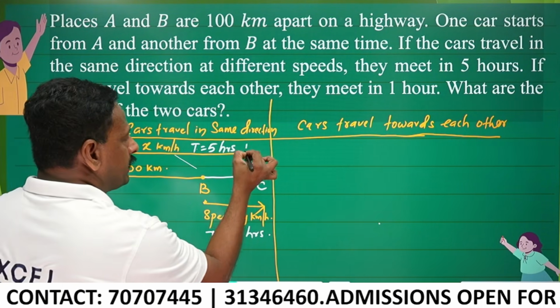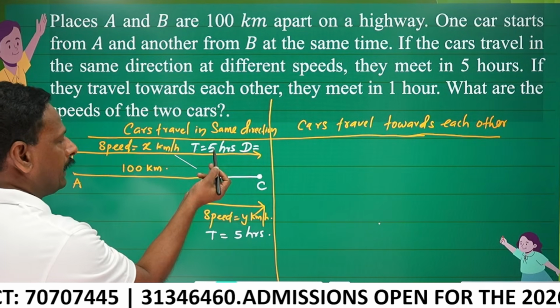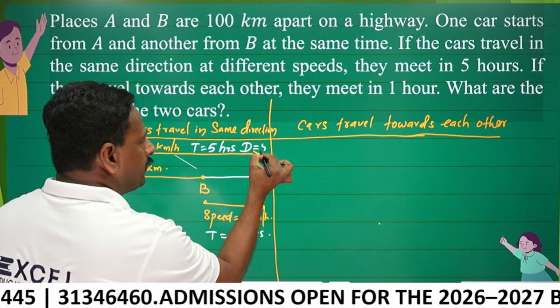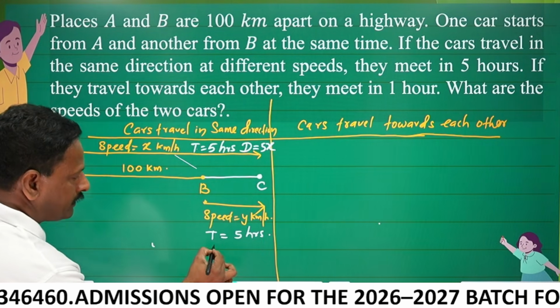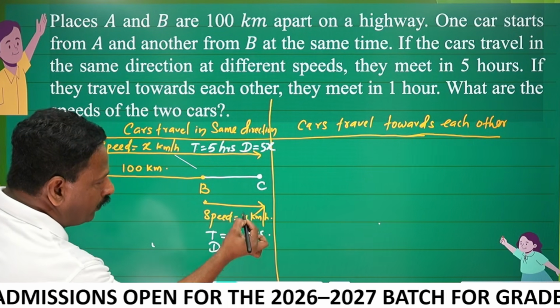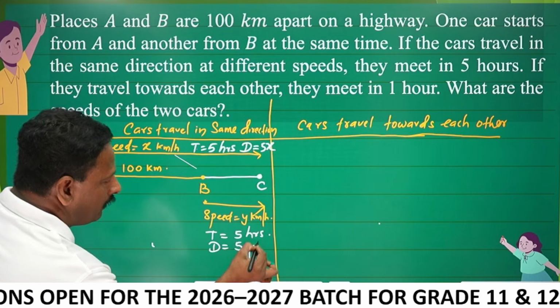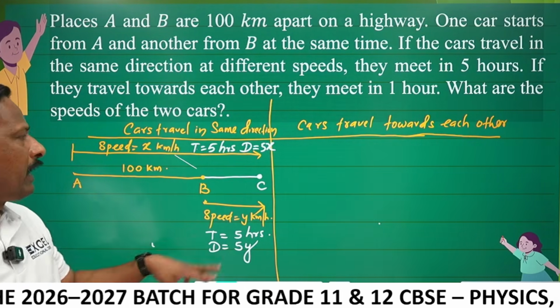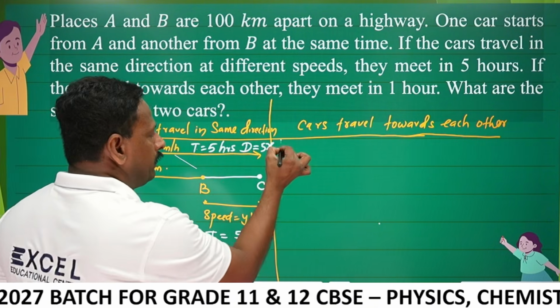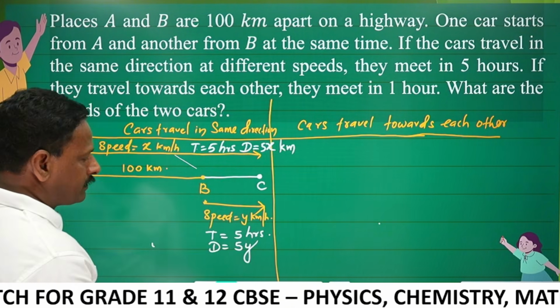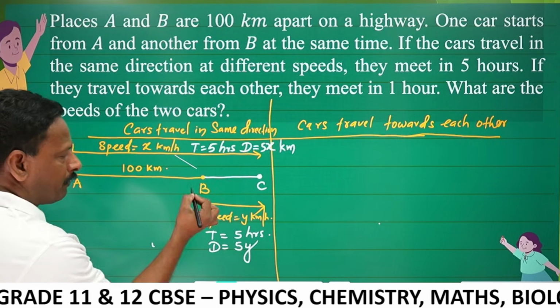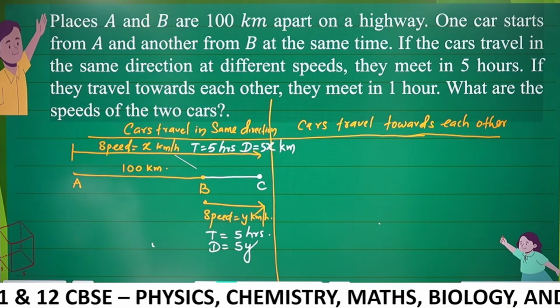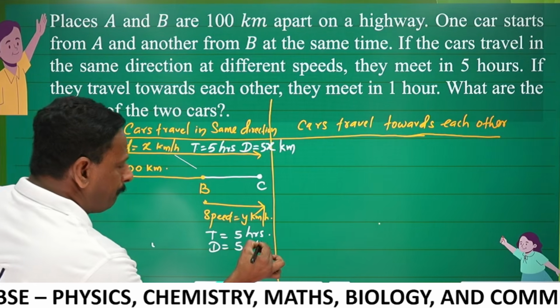Distance is equal to speed into time, that is 5x, and 5y. That is, the distance the car starting from A traveled is 5x kilometers, and the distance the car starting from B traveled is 5y kilometers.